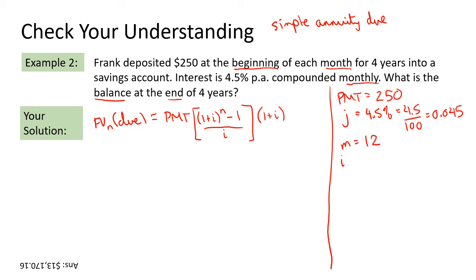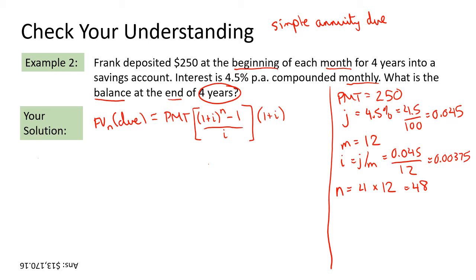So your periodic interest rate, I, is J divided by M, or 0.045 divided by 12, which gives you 0.00375. Your last item, N, in this instance, it's 4 years. So 4 multiplied by the number of payments a year, which is 12. So that gives you 48.